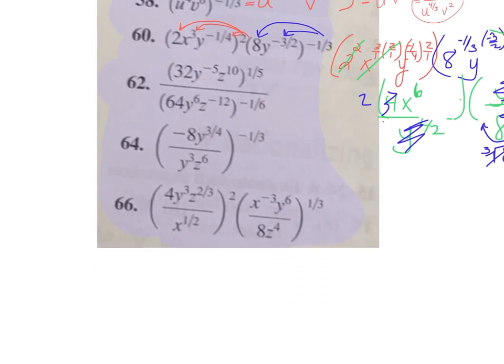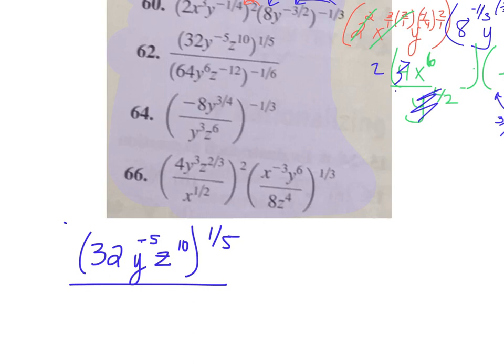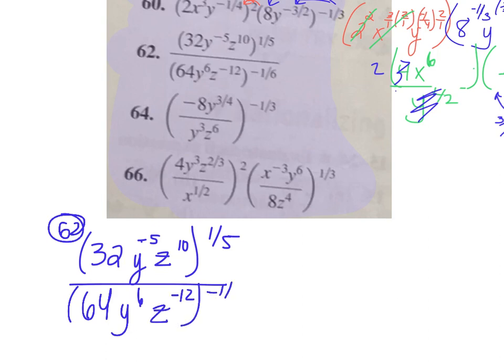All right, I'm going to do 62 down here just so we have a little bit of room. We have 32 y to the negative 5th, z to the 10th, all raised to the 1/5, divided by, this is 62, 64 y to the 6th, z to the negative 12th, and that's raised to the negative 1/6.